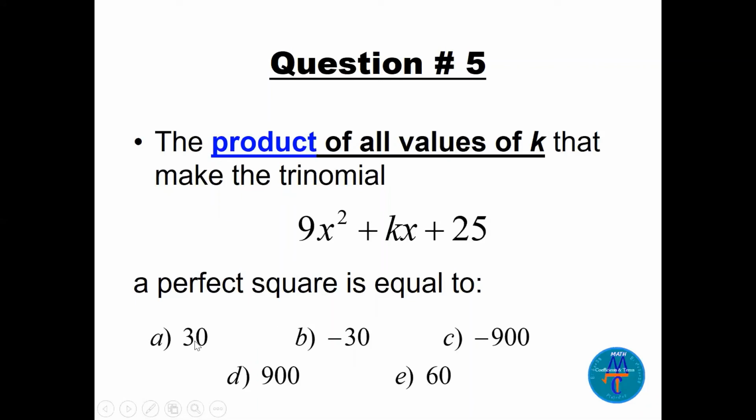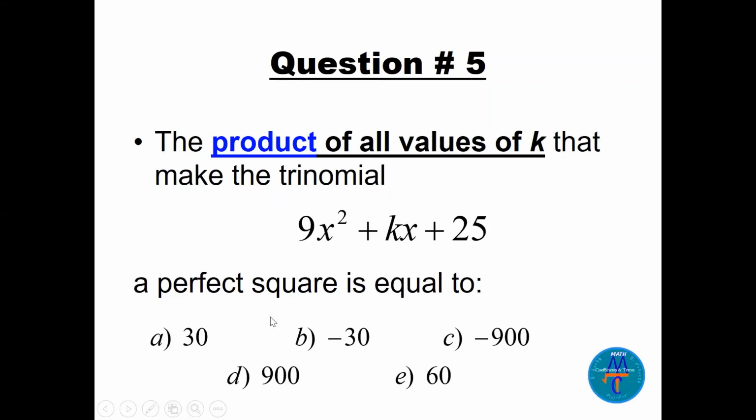See, this is a multiple choice, A, B, C, D, E. These numbers, 30, minus 30, minus 900, 960, these are the product of all values of k. So first, we have to find the value or values of k. Then after that, we multiply the k's. Now, how can we make this one perfect?